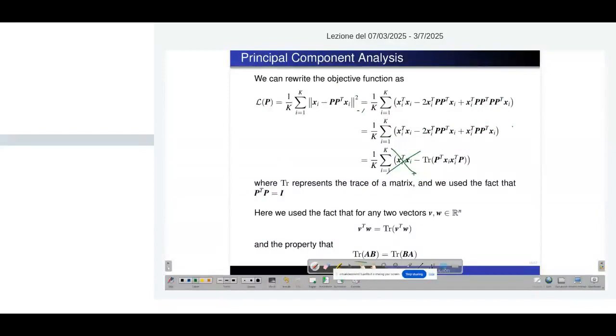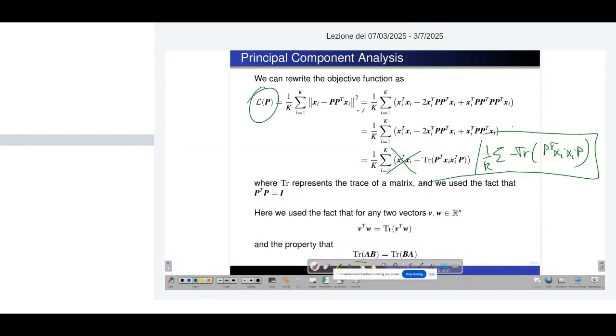We optimize with respect to P, so we don't care what that value is. What we care about is that we essentially want to find the minimizer of this. So the minimizer of the original function is the minimizer of this expression.